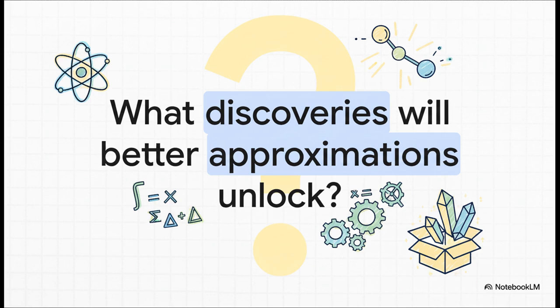The hunt for better functionals is one of the biggest quests in all of computational science. So if every new approximation gets us just a little bit closer to the true energy of a system, what incredible discoveries are just waiting to be unlocked by the next great functional? What new materials or medicines or technologies are just hiding beyond our current ability to calculate? The puzzle isn't solved yet, and believe me, the search continues.